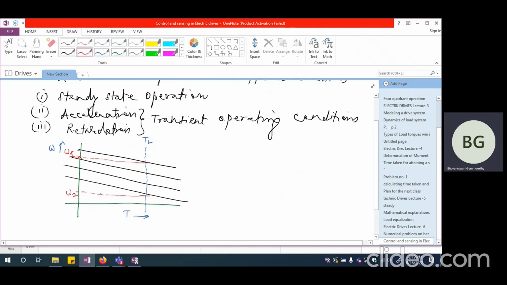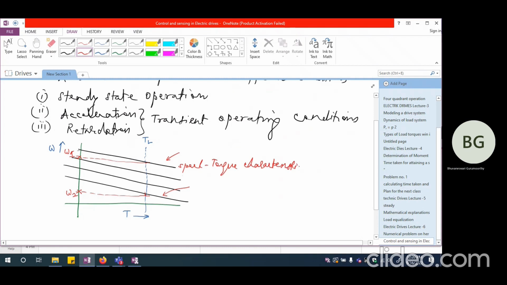So for a given load torque, I may be able to operate it at a particular omega 1 or particular omega 2. So I have to ensure that my motor follows this particular characteristics. So whatever I have shown in black color is the speed torque characteristics of the motor.